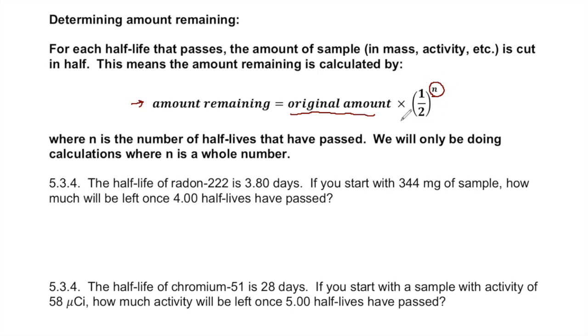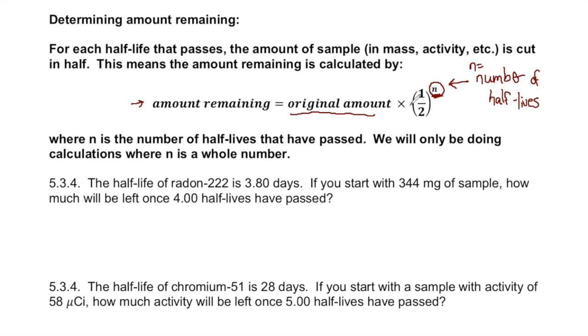Kind of like the graph I showed you at the beginning of the video. After one half-life, you have half your sample. After a second half-life, you have half of that. So you keep cutting it in half, the number of times equal to the number of half-lives. So n is the number of half-lives that have passed.